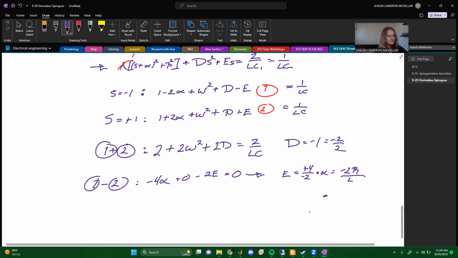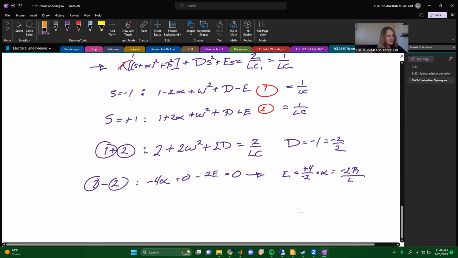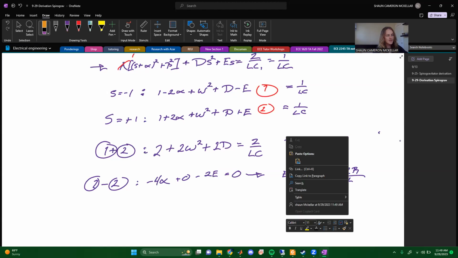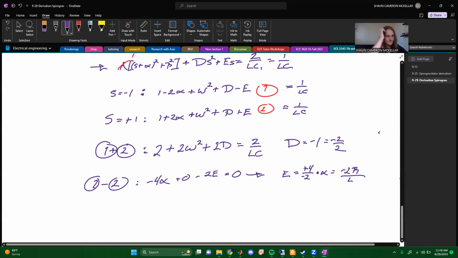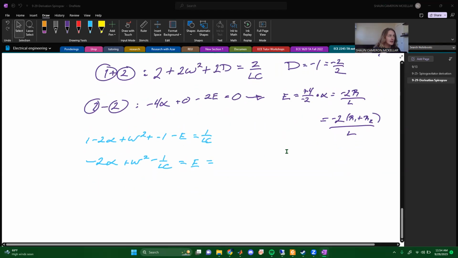So that's -2 times R over L. And here, oh geez, sometimes this writing surface is kind of a pain to use. So this is equal to -2 times R1 plus R2 over L. And I must have made a mistake because I think I'm off by a quick turn. So let me just pause this video real quick and check something. All right, so I found out that I didn't make an error.